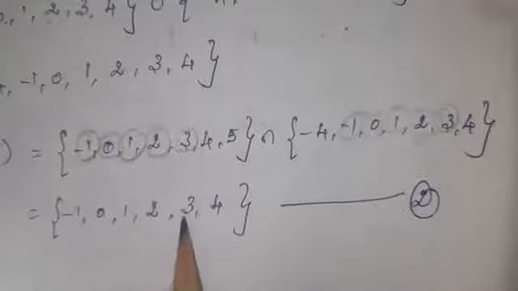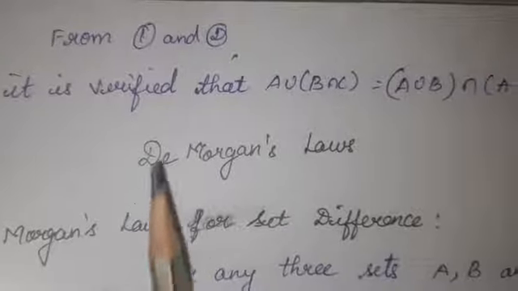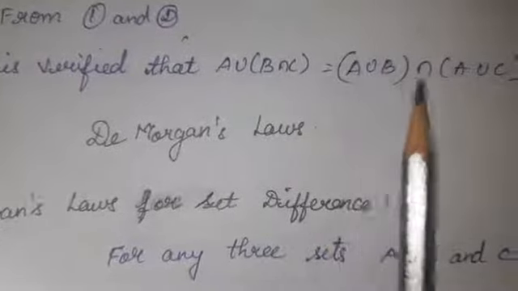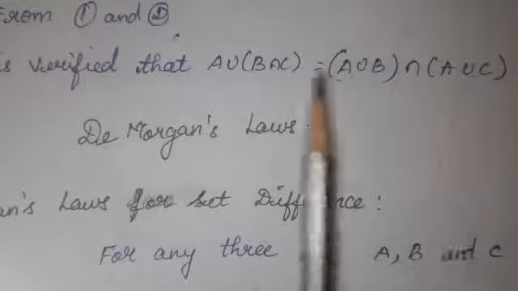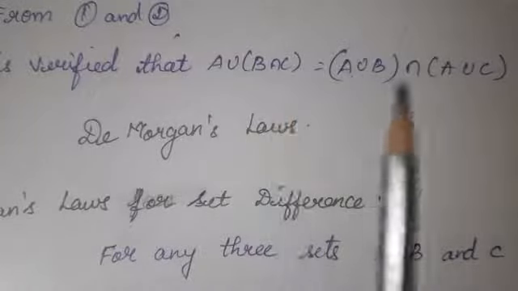Therefore, the answer is minus 1, 0, 1, 2, 3, 4. This is the RHS answer, which I marked as 2. From 1 and 2, it is verified that A union B intersection C is equal to A union B intersection A union C. Both answers are equal, so you should write that formula.